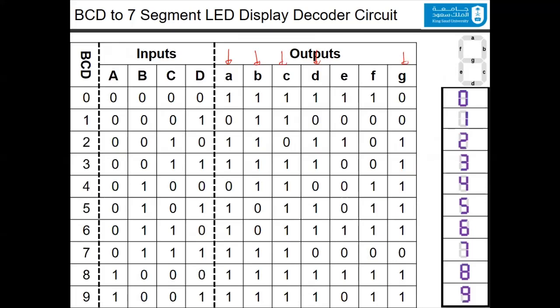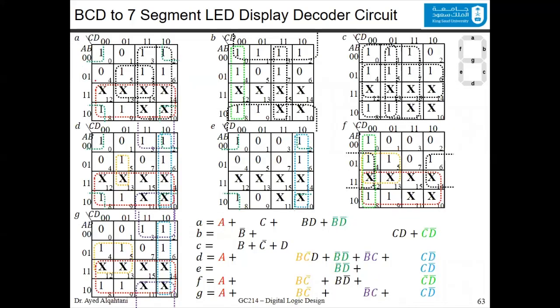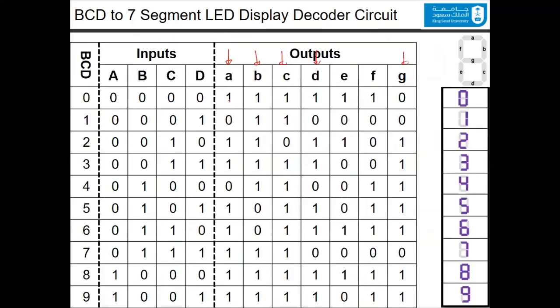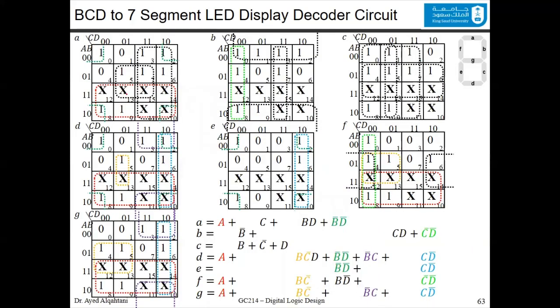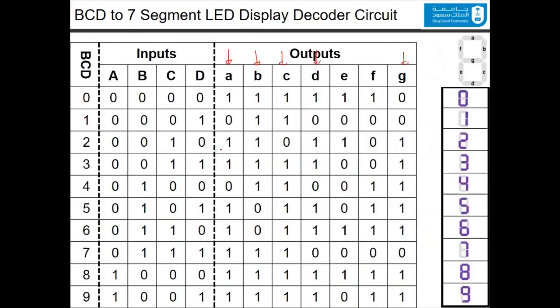For A, the generated Karnaugh map is, as you can see here, filled based on what we had in the truth table. So going back quickly, you will have 1, 0, 1, 1. So you fill it like this, 1, 0, 1, 1. Going back again, 0, 1, 1, 1.